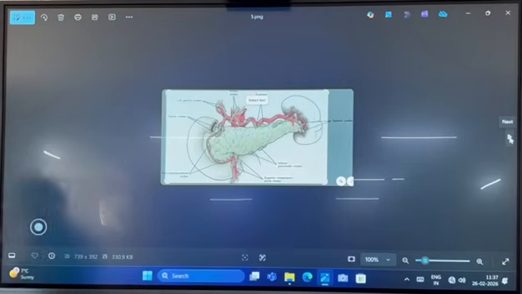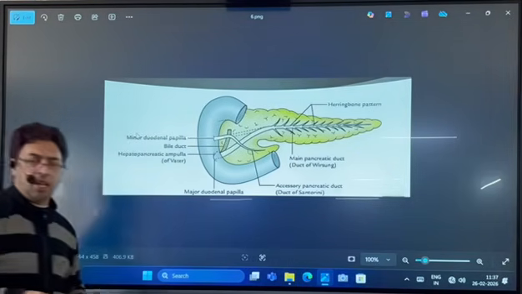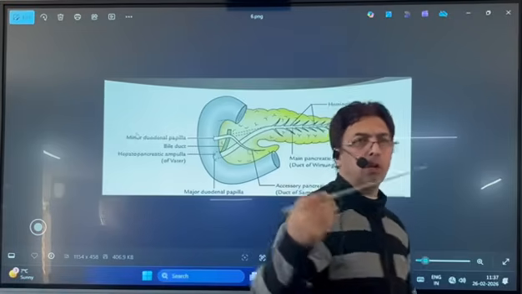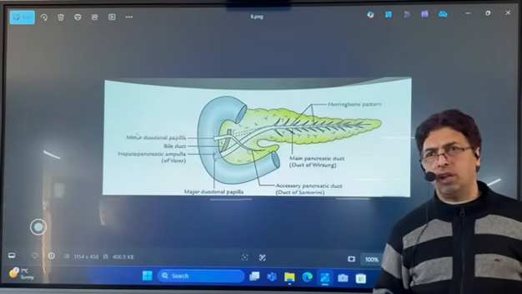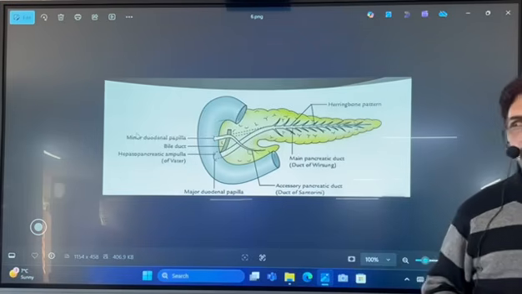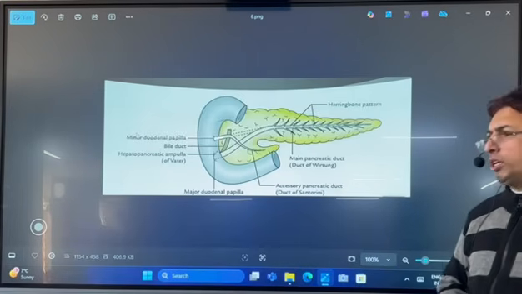Now, after that, what is important as far as the pancreas is concerned? The pancreas is a mixed gland. It has both an endocrine part and an exocrine part. I will not go into the physiology of the pancreas, the pancreatic juice, the insulin, the glucagon, and all those things that you know in studying physiology.